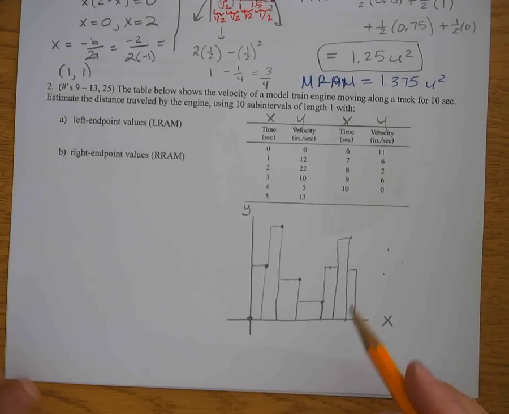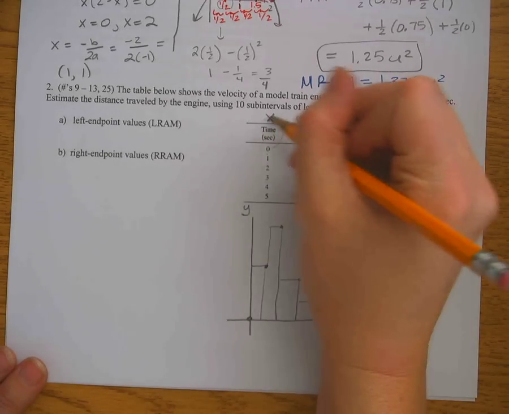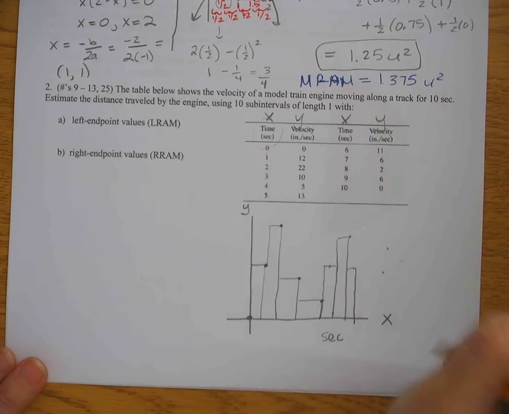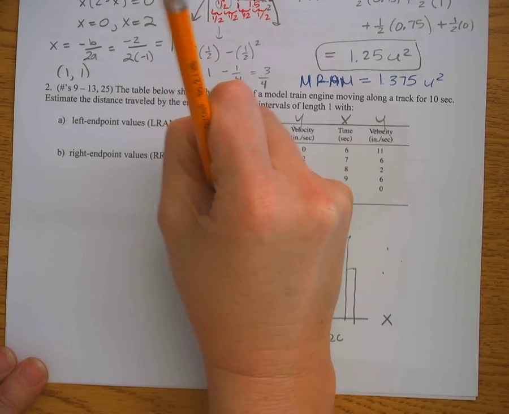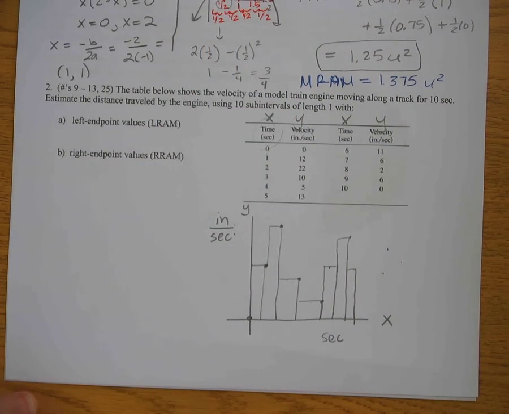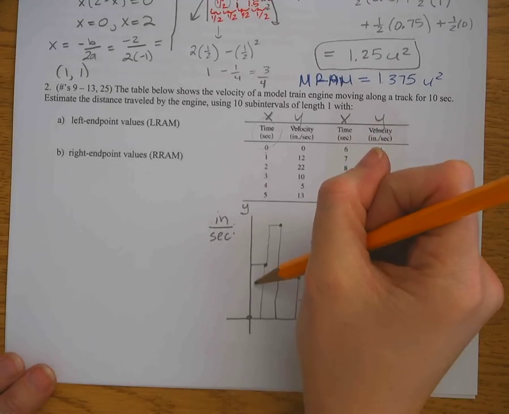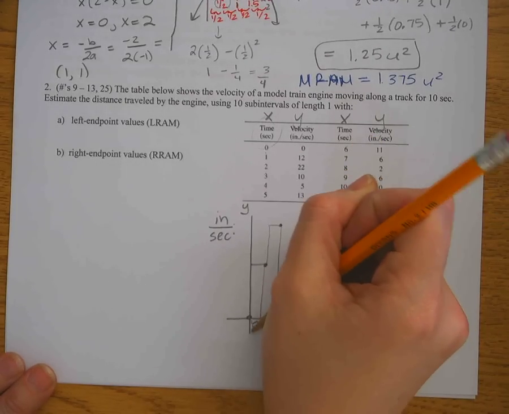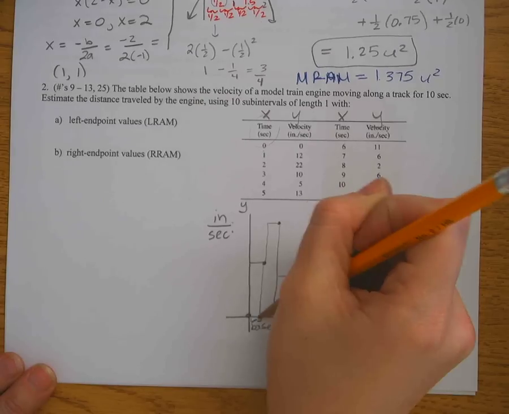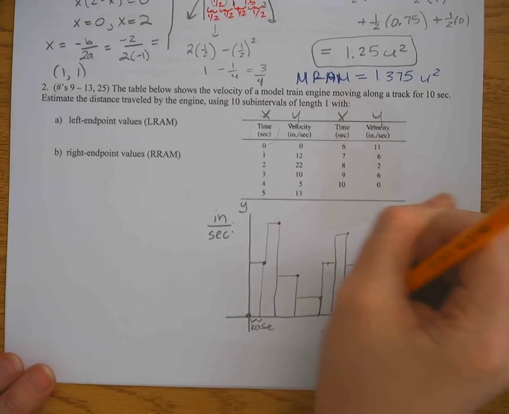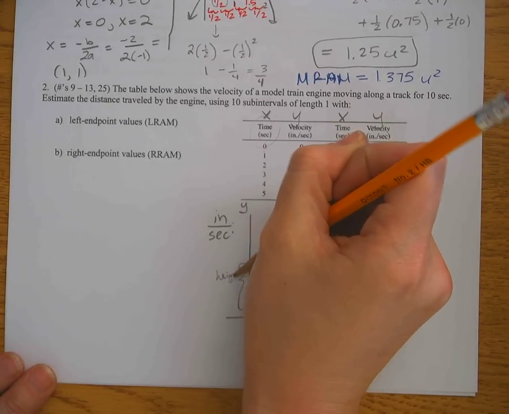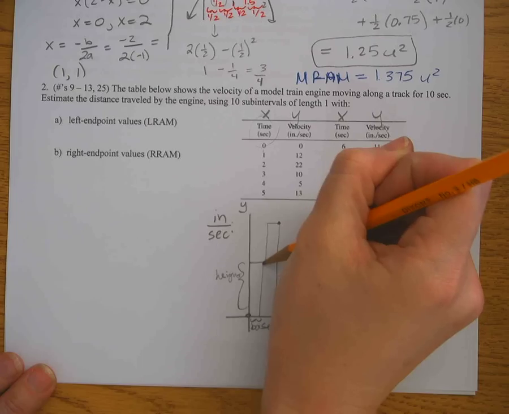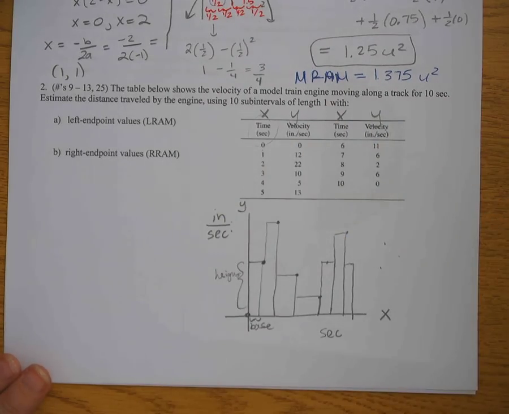And then also I want you to notice that the x's are measured in seconds and the y's are measured in inches per second, since they are velocity values. And so when I'm doing the base times the height of these rectangles, the base would be the distance between x values, or the seconds, and the height would be the velocity values, which are in inches per second.